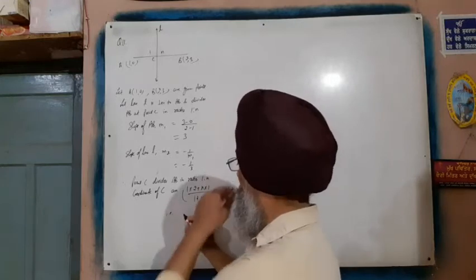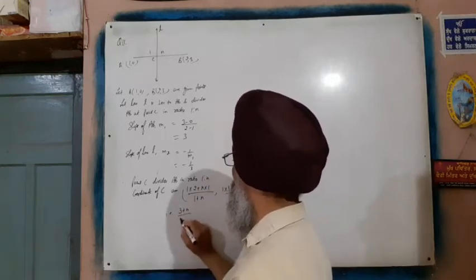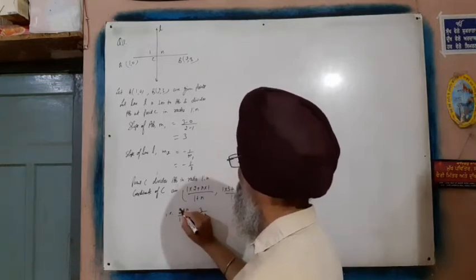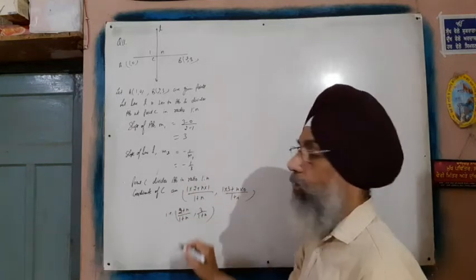That is (2 plus n) upon 1 plus n, 3 upon 1 plus n. That is the coordinate of C.